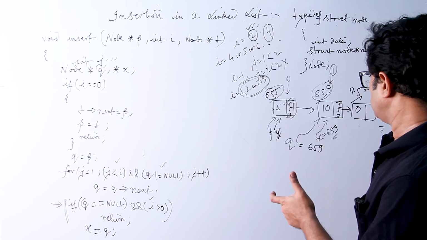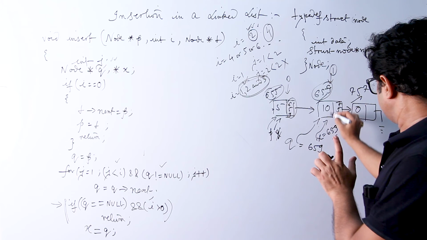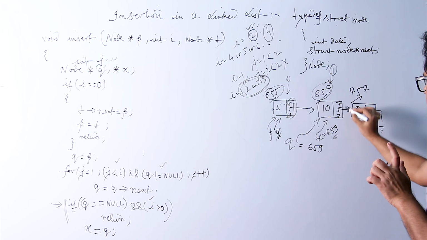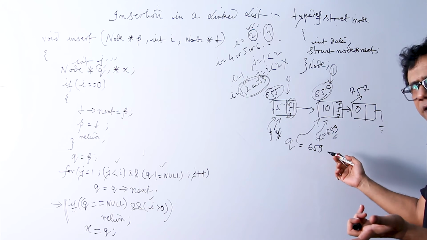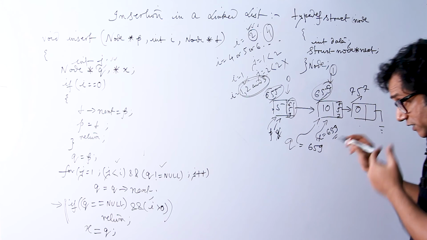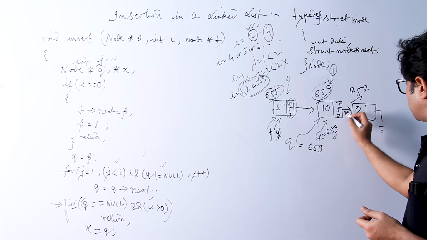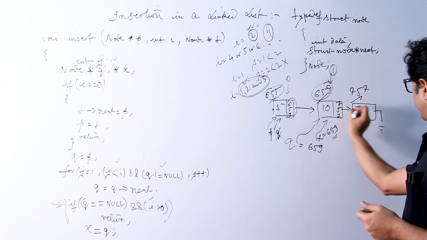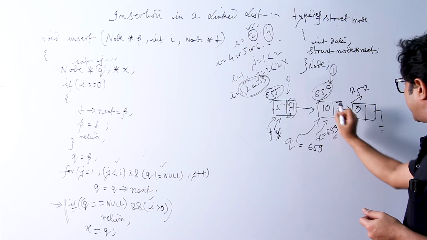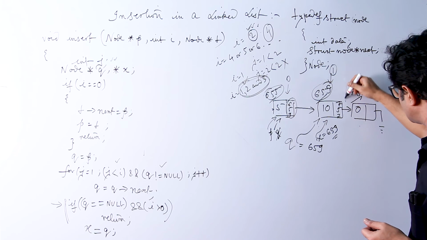Now what we have to do, see, that is X next. What is X next? X next is nothing but Q next. That is, X next is 757. And X next will now cease to be 757, because 757 will not be pointed to by this node X, because the newly inserted node will be inserted at this position.